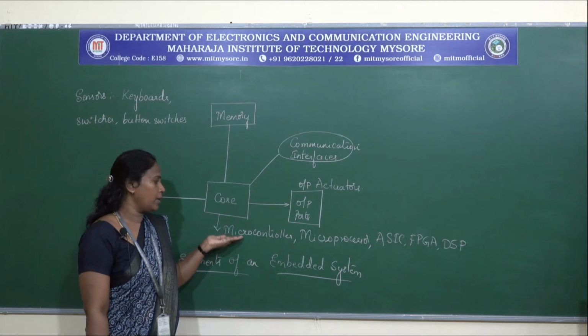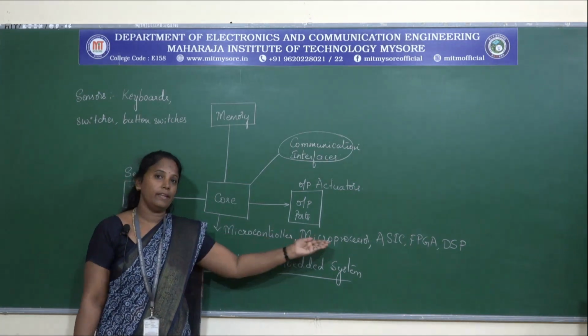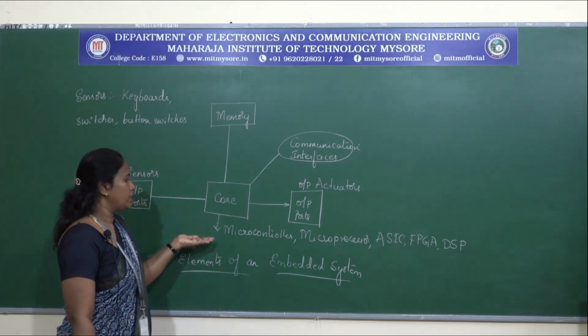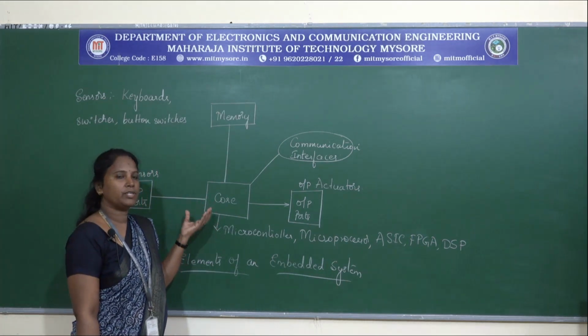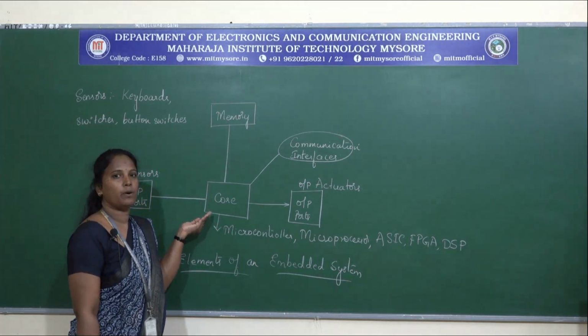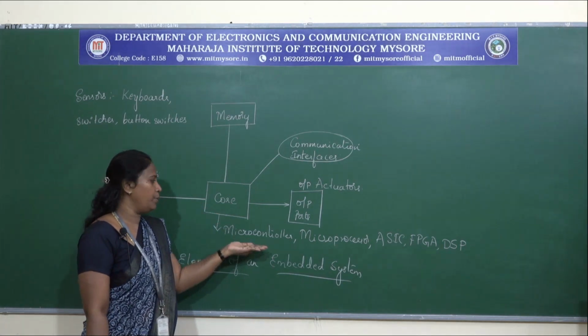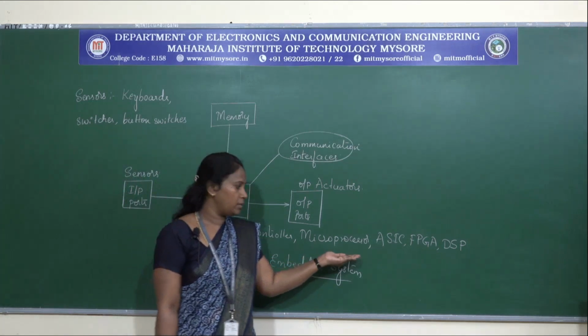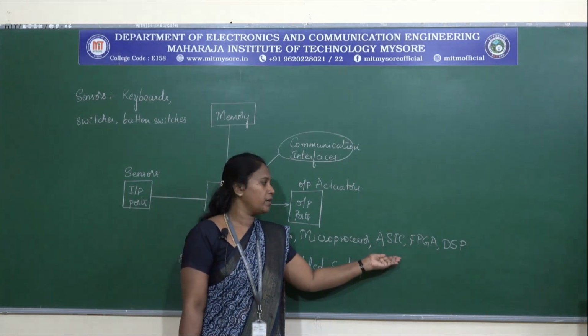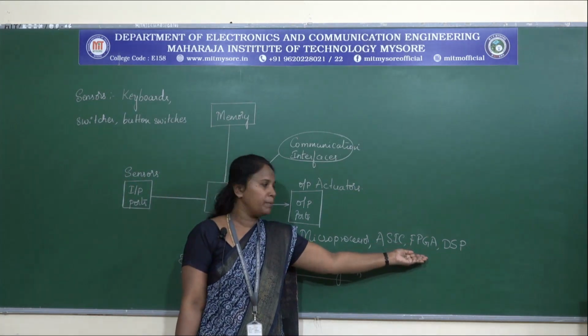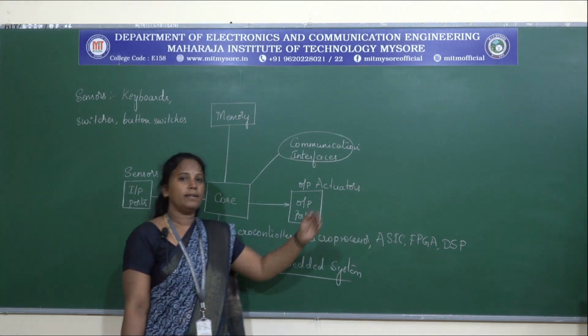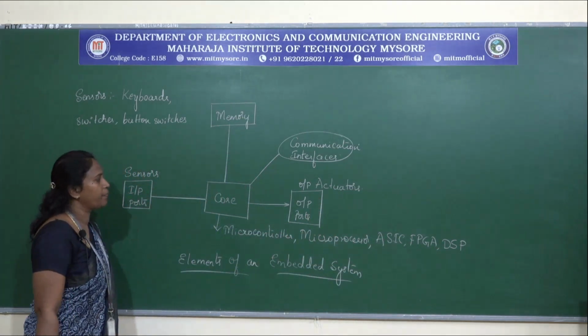So the core can be made with any one of these, depending upon the type of application you are going to use. You can choose the core to be a controller, a processor, application specific, a field programmable gate array, or a digital signal processor.